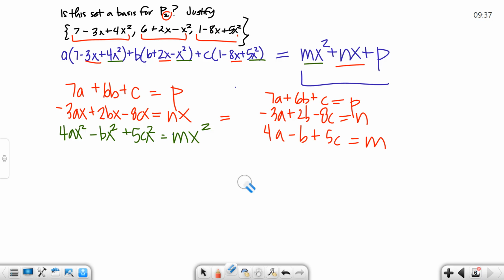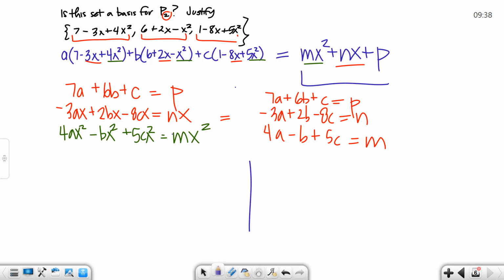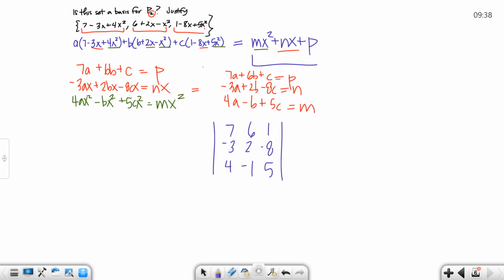So you would have a coefficient matrix here, and your coefficient matrix would be 7, negative 3, 4, 6, 2, negative 1, 1, negative 8, 5. I'll double check my signs really fast. Those look great, and we're going to find the determinant of it.